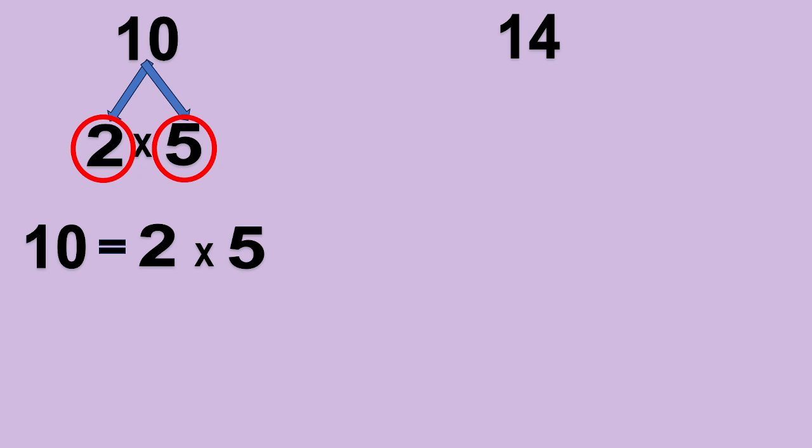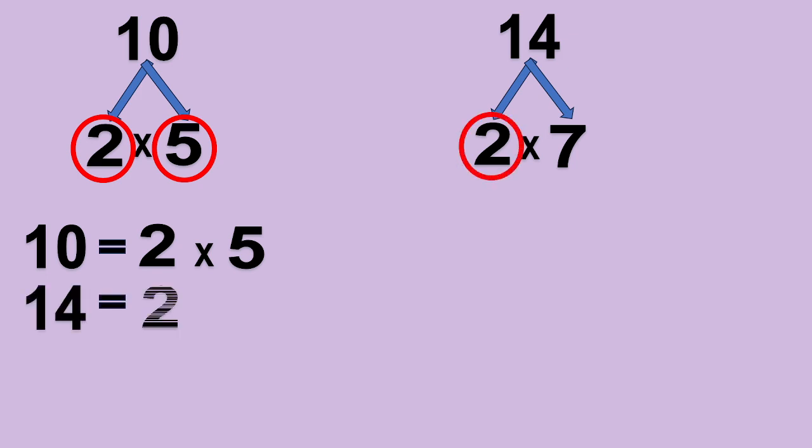Next, let us find the prime factors of 14. Think of two numbers that when we multiply, the product is 14. We have 2 and 7. The numbers 2 and 7 are prime. So, the prime factorization of 14 is 2 and 7.